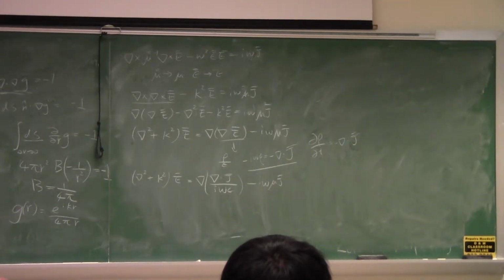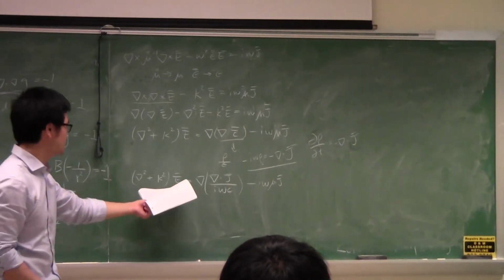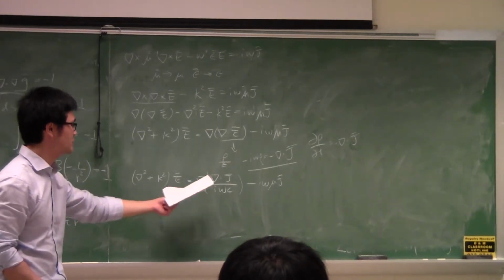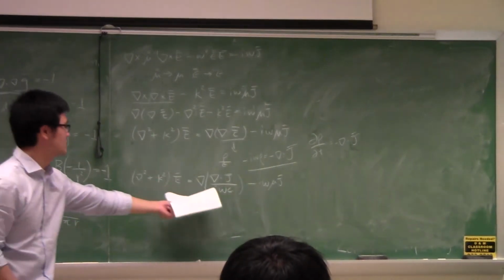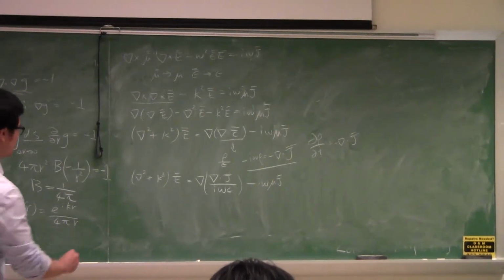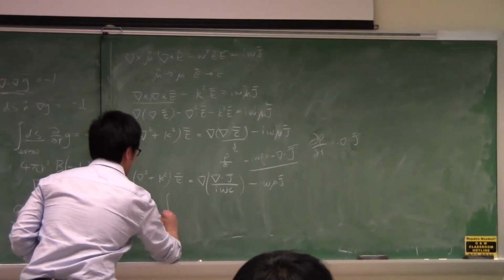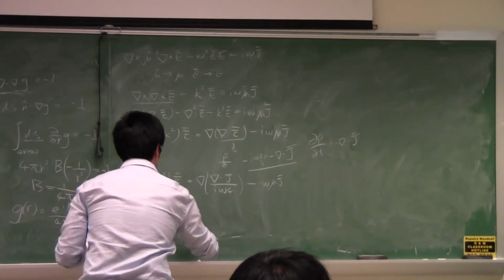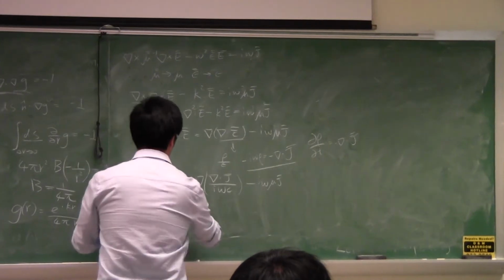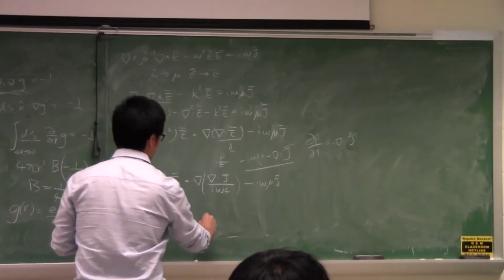So using what we just derived for the scalar Green's function, we can find the solution to E based on the source, right? We take this as a whole source. So E will just become a convolution between the source and the Green's function, right?